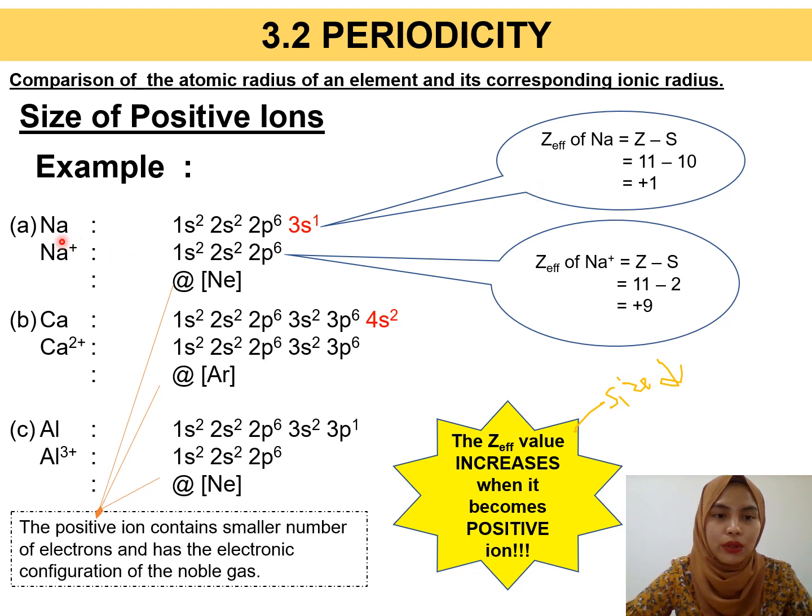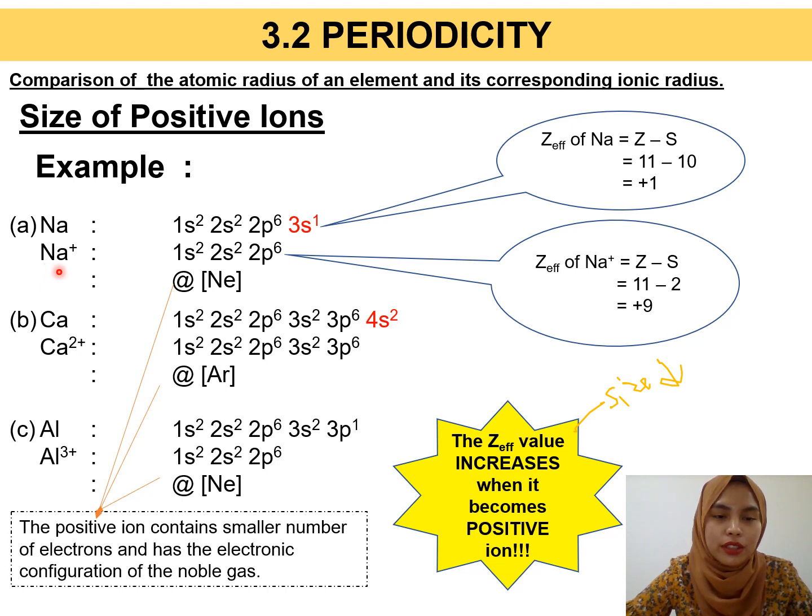If you have a sodium atom, this is the sodium atom. Because its valence electron is one, it is happy to remove this one electron so that it becomes a sodium plus ion.